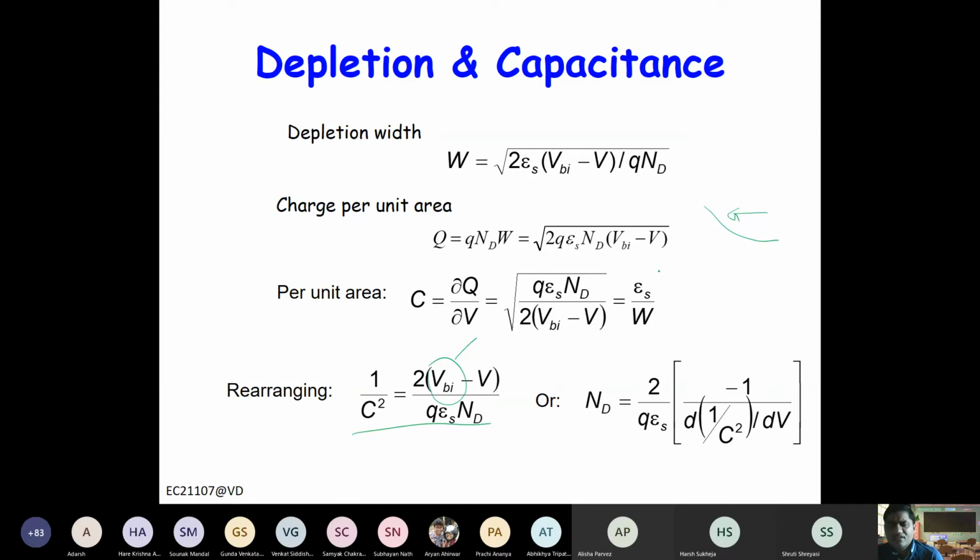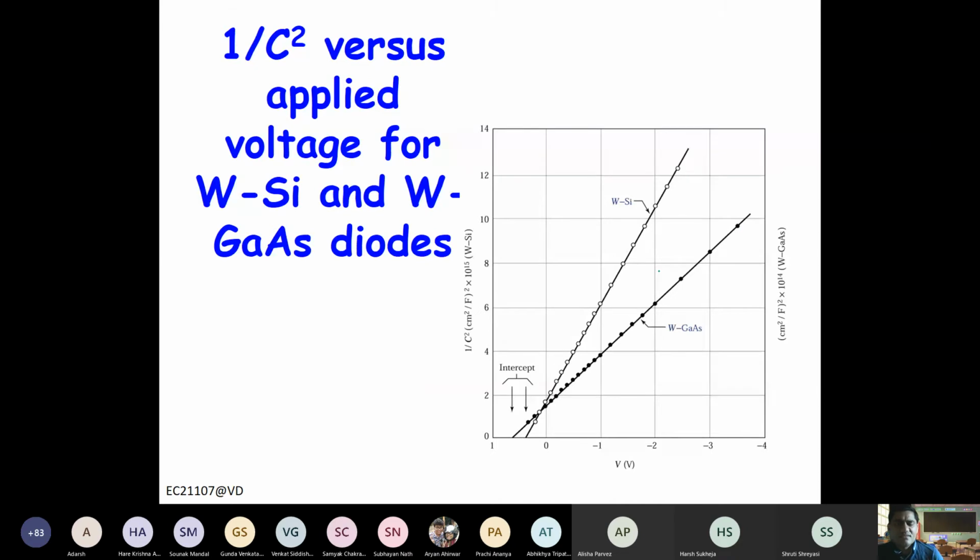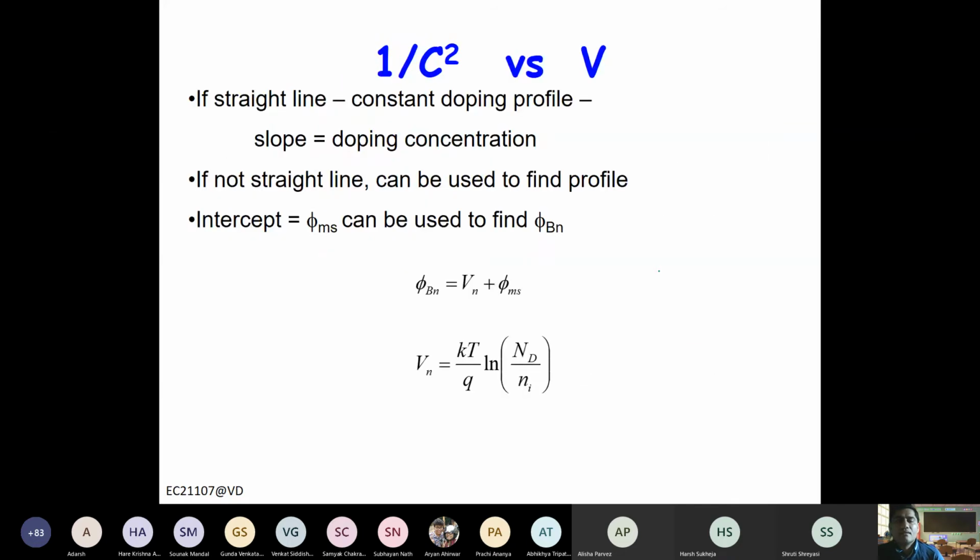So these are all concepts we borrowed from the p-n junction, and they are very similar to a p-plus n type of junction. So this we have discussed. It is the same concept as the p-n junction, obtaining the barrier height and the doping concentration from the CV curve.